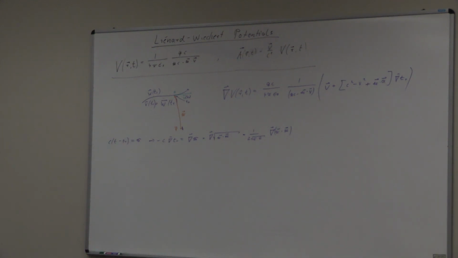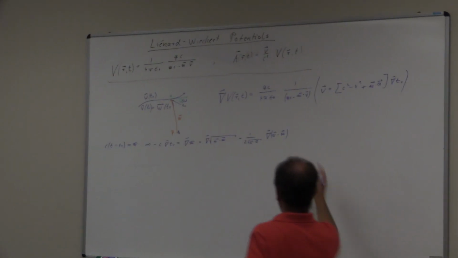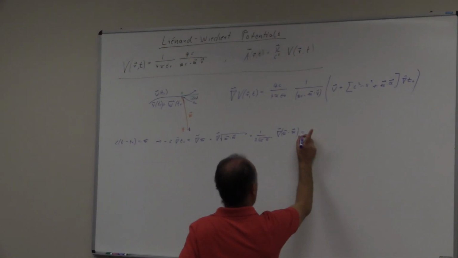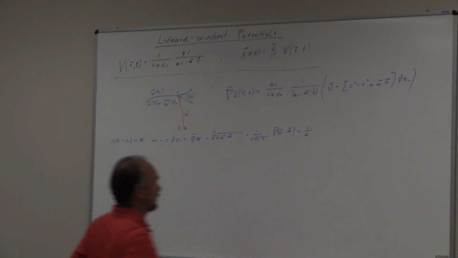For that, we can use our nice gradient of dot product again. Only that now the vectors A and B are the same vectors, they both are R. So we get twice this term, twice that term. So this is twice, so the 2 will cancel out. Because this factor in front is just 1 over R, right?